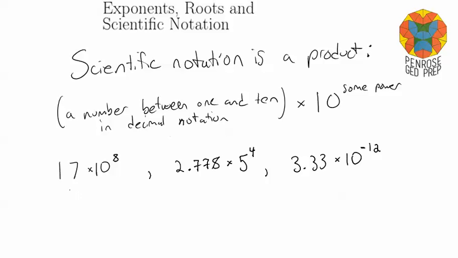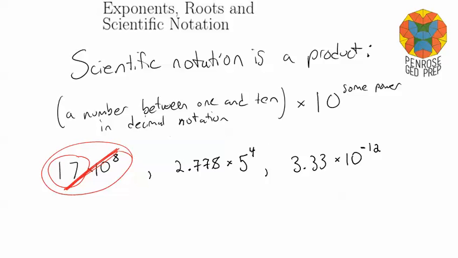Our first example is 17 times 10 to the 8th. However, this is not in scientific notation because 17 is not a number between 1 and 10. Our next example is 2.778 times 5 to the 4th.